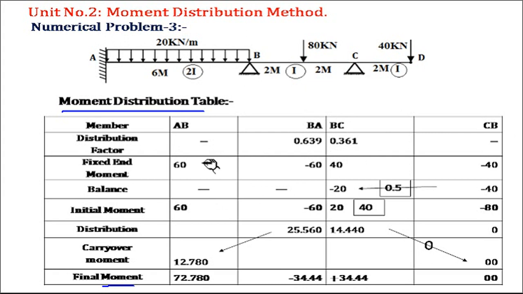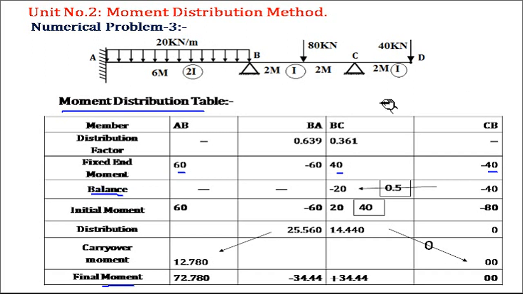Now the fixed moment in member AB is 60, in BA it is minus 60, in member BC it is 40, and in member CB it is minus 40. The next step is to apply the balance or correction.